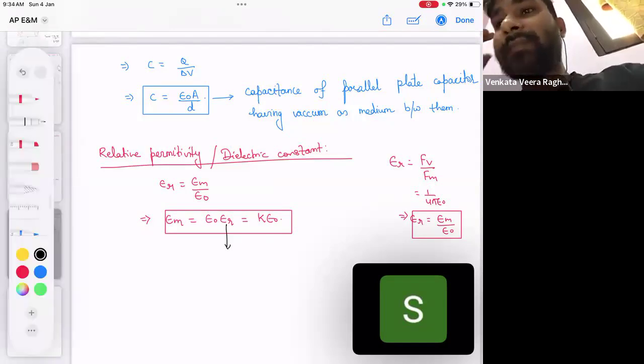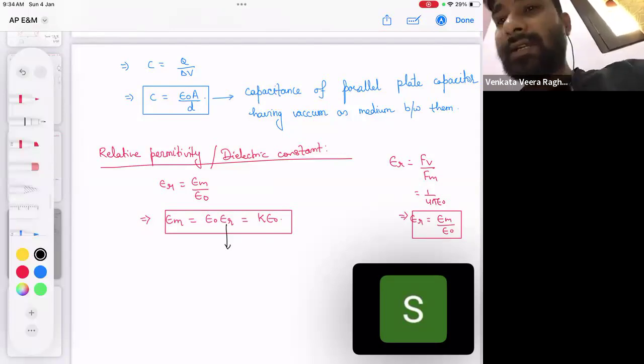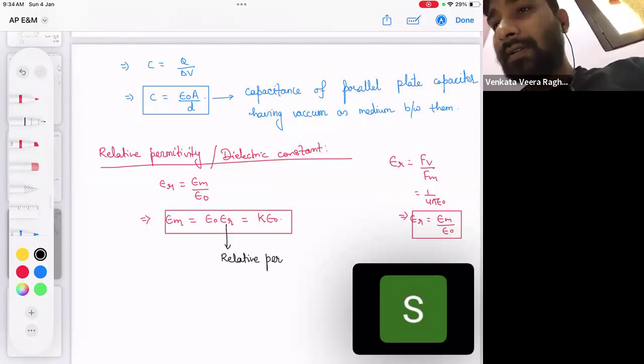Here K I am representing the dielectric constant. Epsilon R is the relative permittivity.